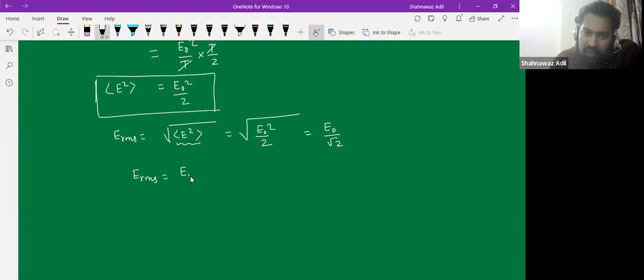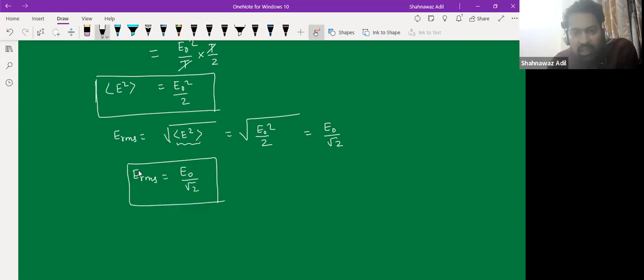This is very crucial that in every circuit, they give you the RMS values only. You don't get peak values, right? So let's say that in your household supply, the value that they are telling you is this RMS value, right?